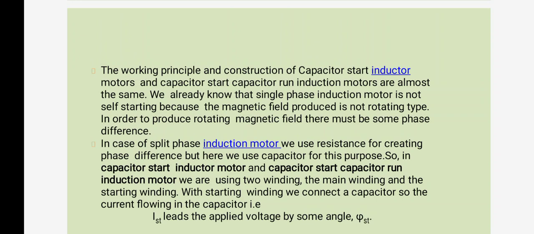The starting winding is connected with the capacitor, and the current flowing in the capacitor, that is I start, leads the voltage by some angle. Generally, the capacitor always leads the voltage.